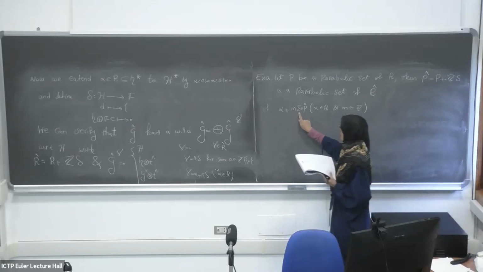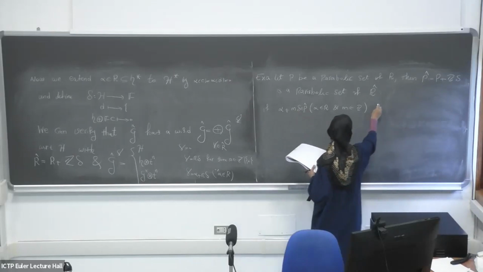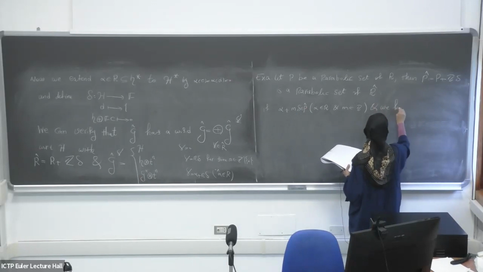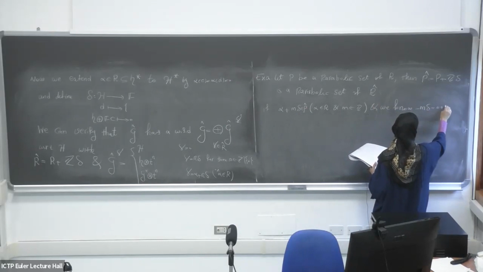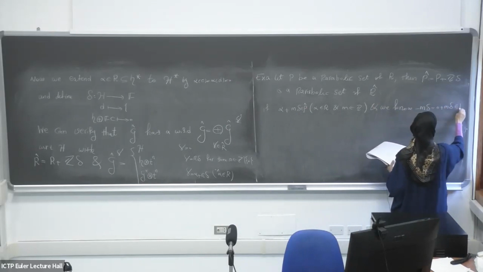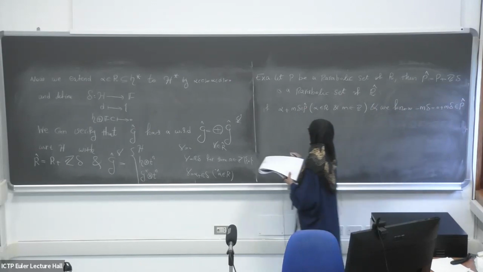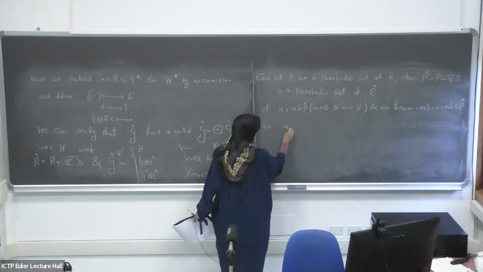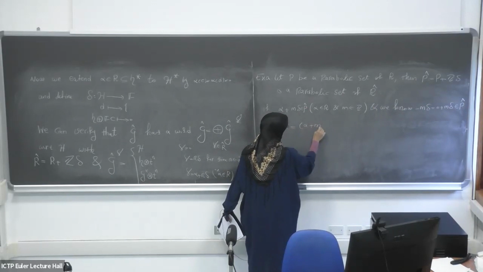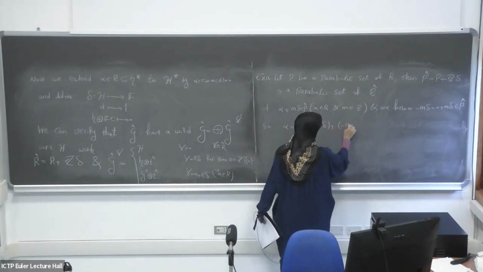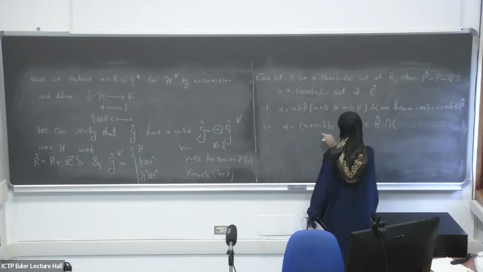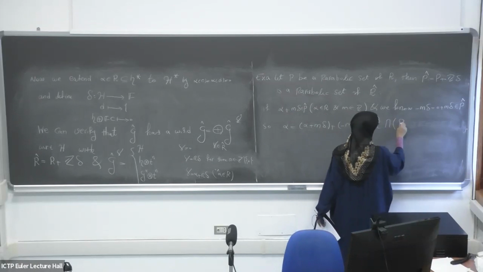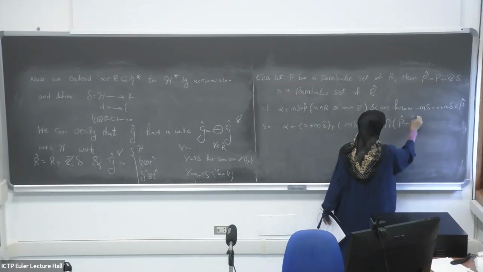Alpha plus m delta is an element of P hat, and we know minus m delta, which is 0 plus (minus m) delta, is an element of P hat. So alpha, which is alpha plus m delta plus minus m delta, is an element of R hat intersection with P hat plus P hat.